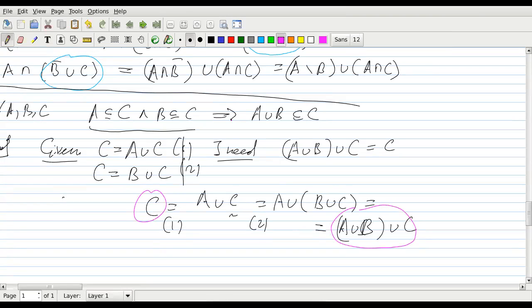Yes, it is. But it seems like you're missing the last step. Which one? We actually need that A union B is a subset of C, and we have to turn the last one. We have a theorem about it. No, these two are equivalent.